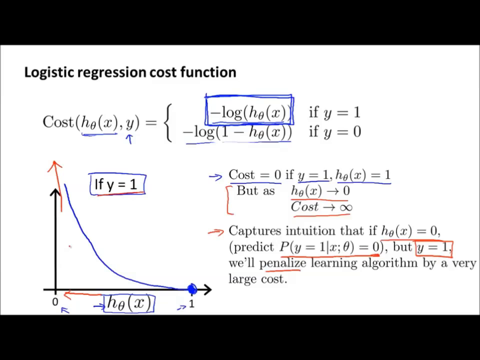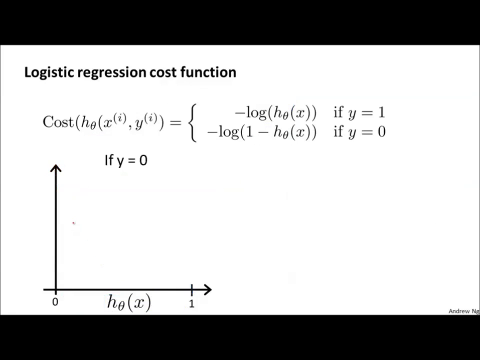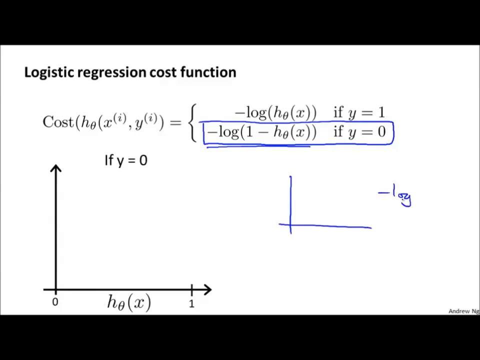This slide considered the case of y equals 1. Let's look at what the cost function looks like for y equals 0. If y is equal to 0, then the cost looks like this expression over here. And if you plot the function minus log 1 minus z, what you get is that the cost function looks like this. It goes from 0 to 1, something like that.